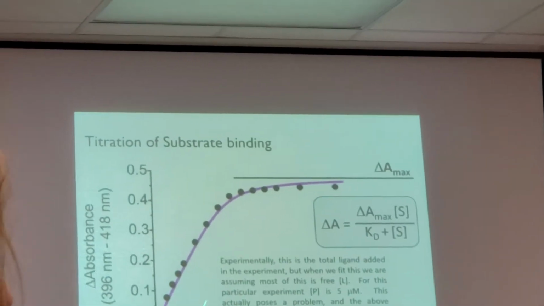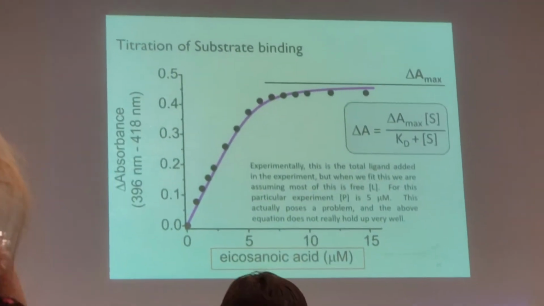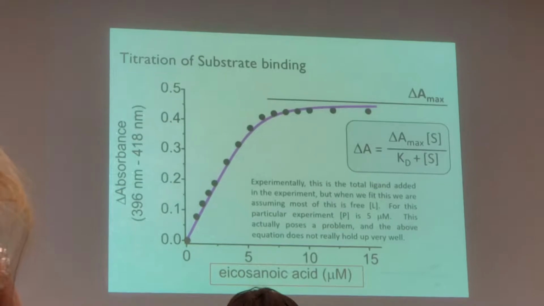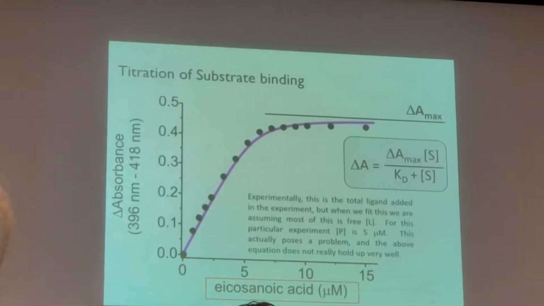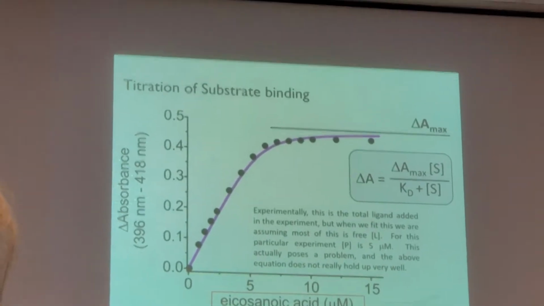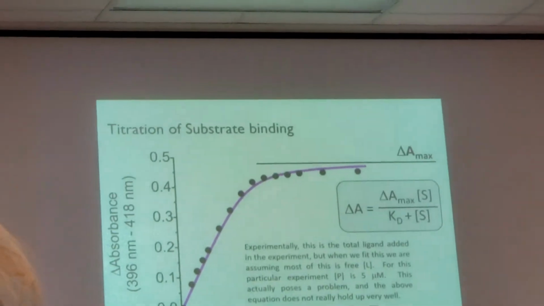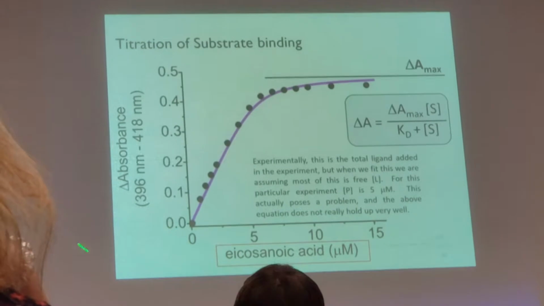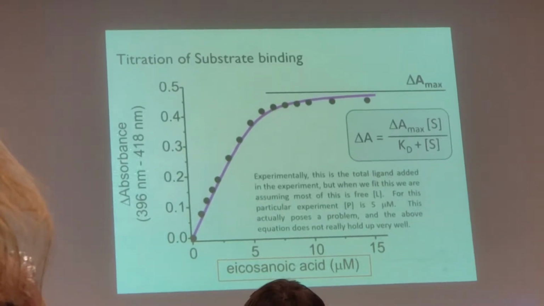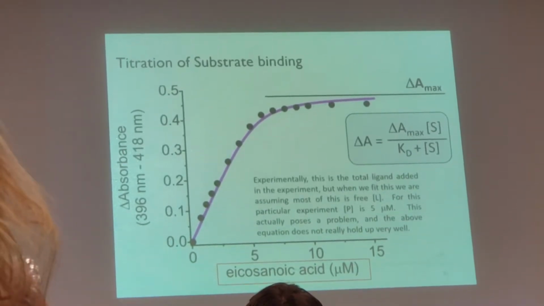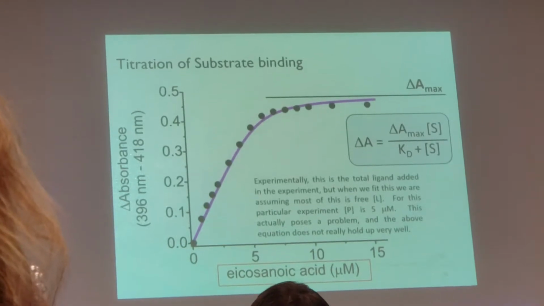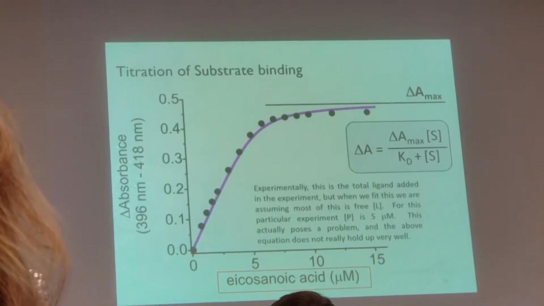So I go to 0.2, I go down, and it's somewhere around 3 micromolar or something. Now, here's the problem with this particular experiment. His protein concentration is also at 5 micromolar. And so I'm going to tell you right now, this is not the equation that would result in a really good value for the KD. And the reason is that the KD is very close to the protein concentration.